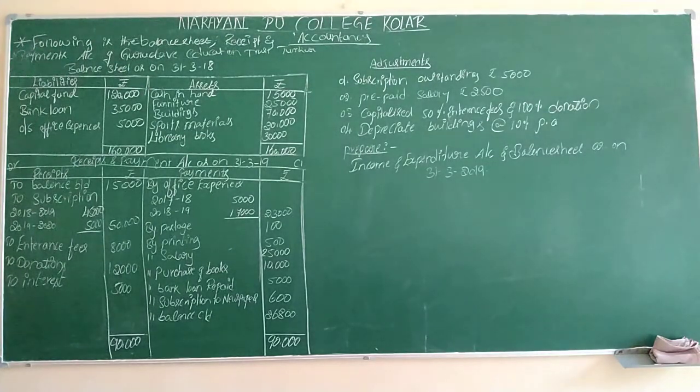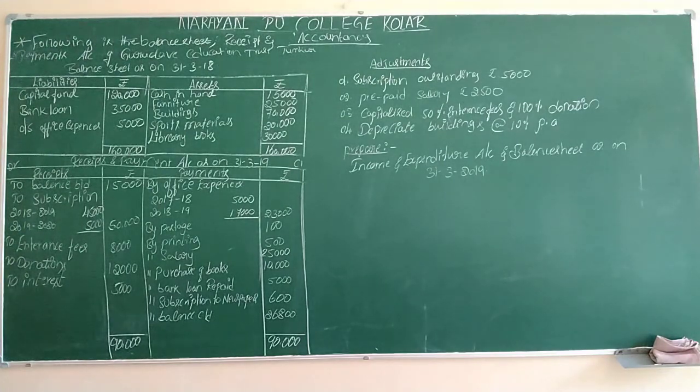Under liabilities, capital fund is given. Bank loan 35,000. Office expenses 5,000. Cash in hand 15,000. Furniture 25,000. Buildings 70,000. Sports materials 20,000.